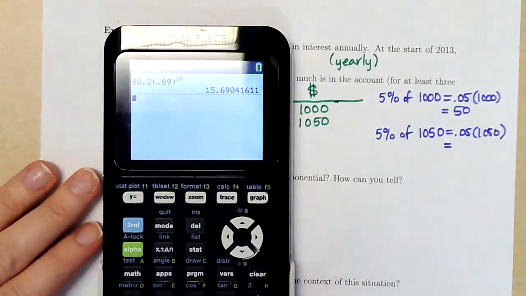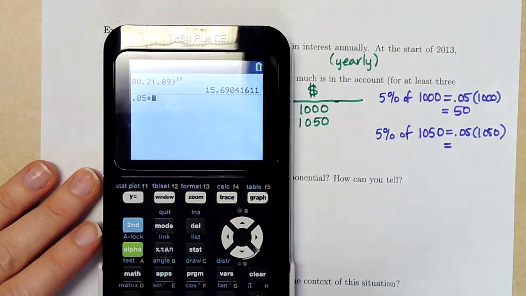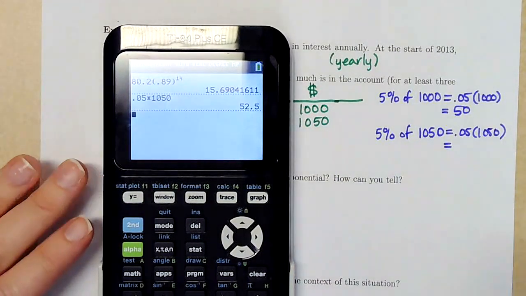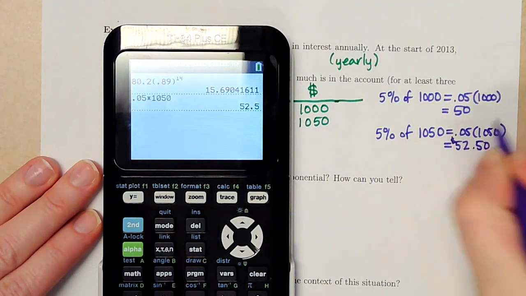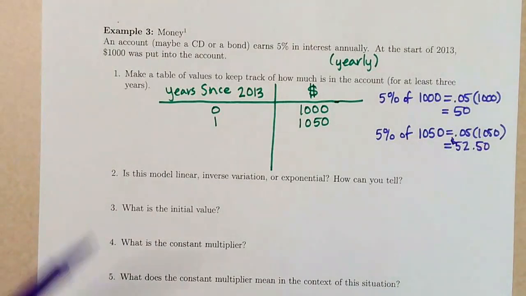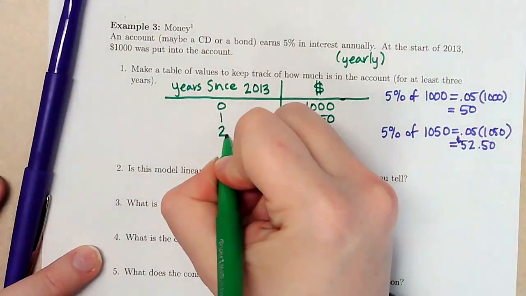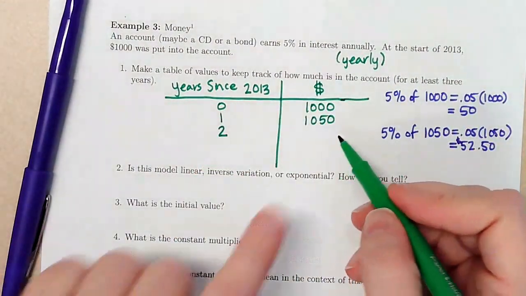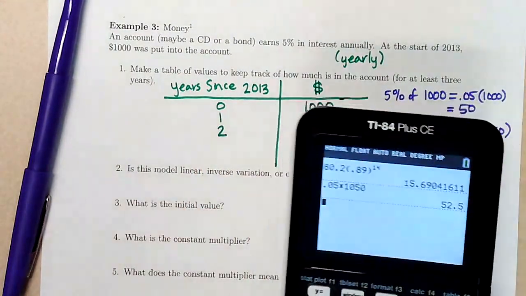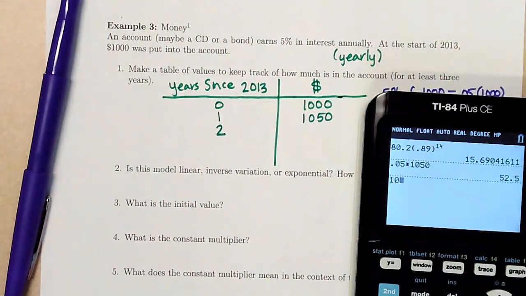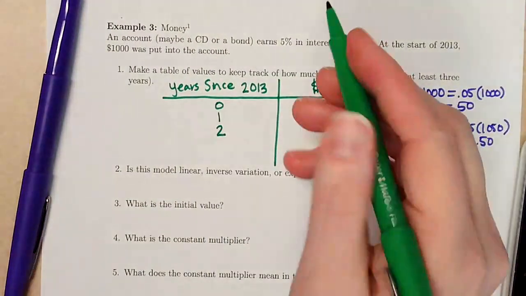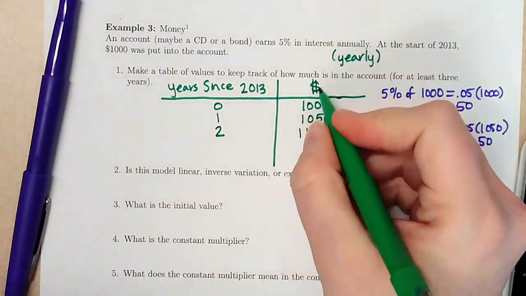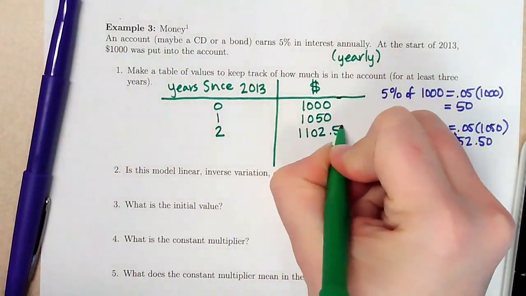Let's find out. 5% of 1,050 is $52.50. So at the start of 2015, we will have 1,050 plus our interest, $52.50, so it will have $1,102.50.